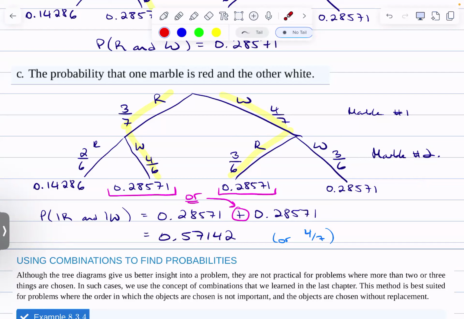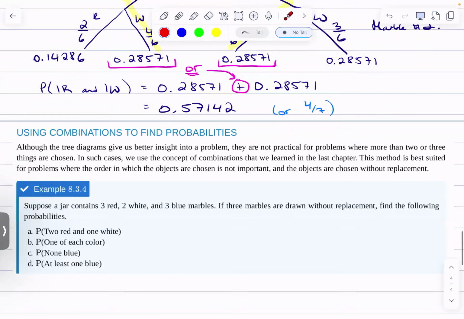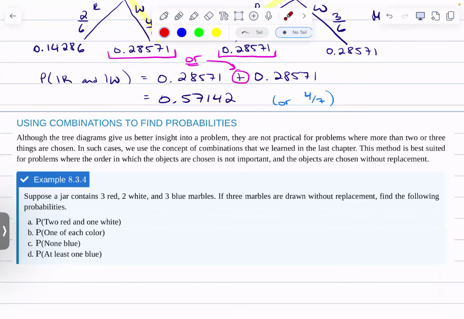You can do it with a tree, but it sounds just terrible. So you can use combinatorics or combinations, which is the choose function.